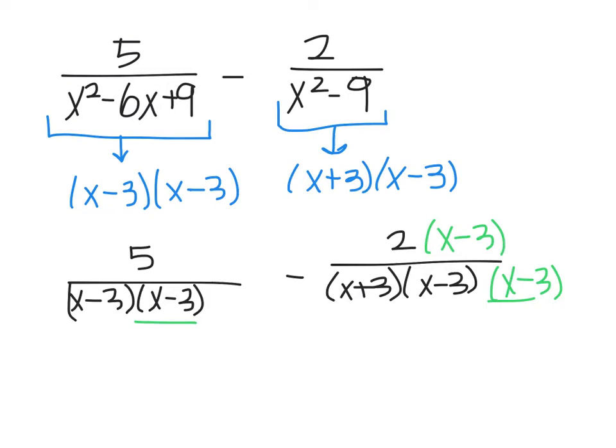Over on this side, since we have an extra x plus 3 in the denominator, we're going to multiply by x plus 3 in the denominator and x plus 3 in the numerator.